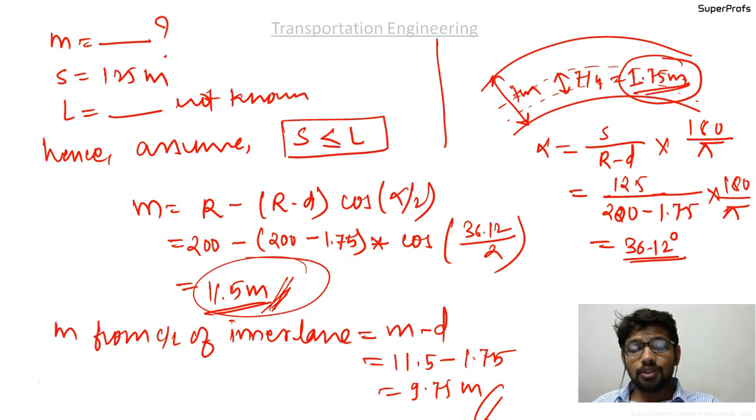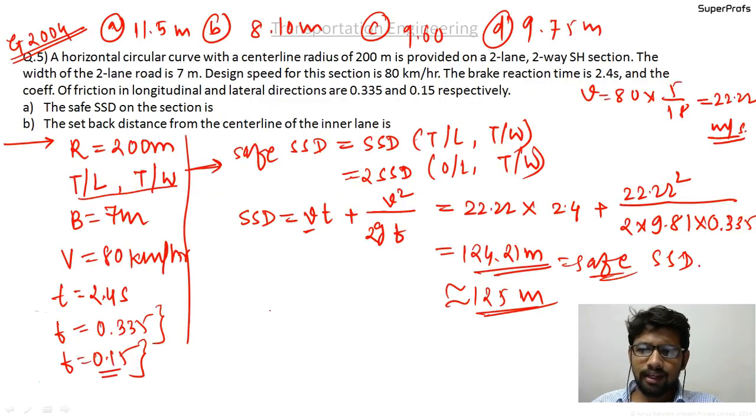But whenever a question is very simple, a very straightforward question, and the options are given in the GATE examination, then you have to check the answer once again and ensure that you are not making any mistake, and that you are taking care of all the tricks involved in the question.